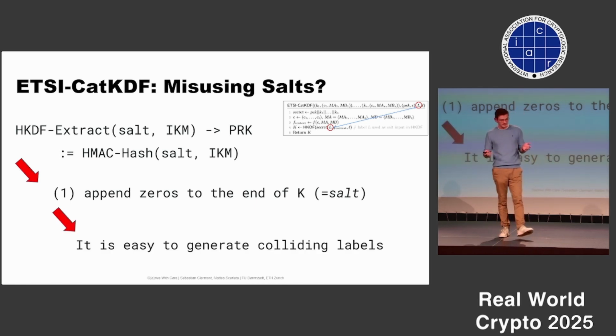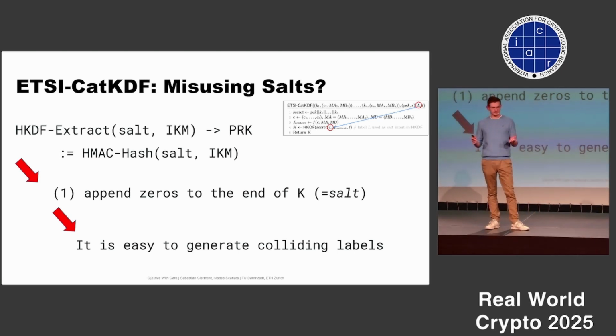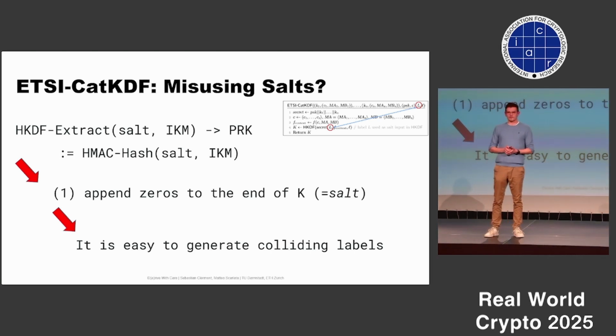As such, it is very easy or trivial to generate labels that yield the same output of HMAC hash. So you can have different labels that, when input into the multi-input KDF, result in the same key. Now, this can relatively easily be fixed by just fixing the label length.